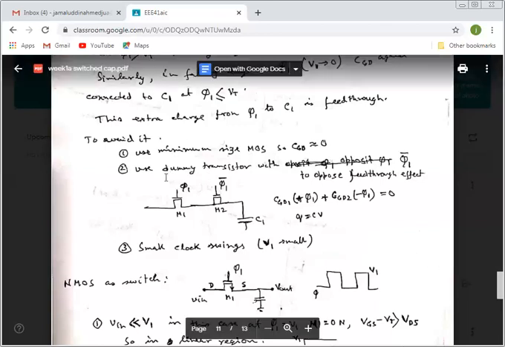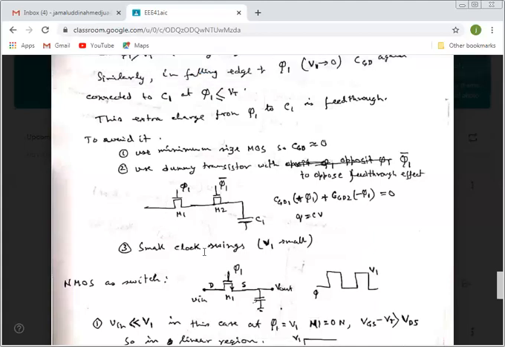So we can manage by minimum size transistor with the dummy transistor or small clock swing.